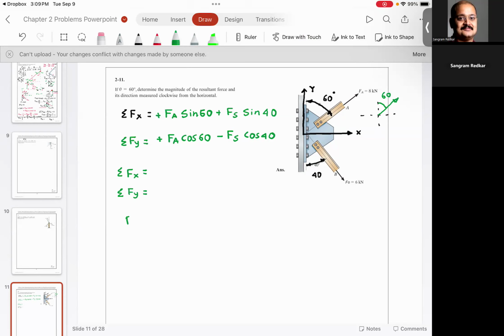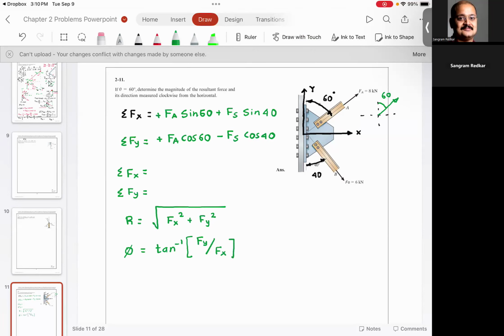The resultant is going to be the square root of F of x square plus F of y square, and theta is going to be tan inverse of F of y divided by F of x.